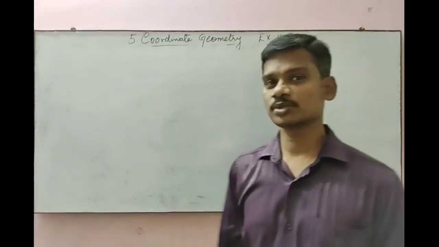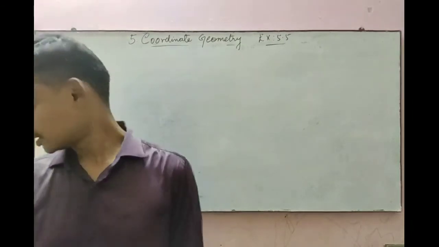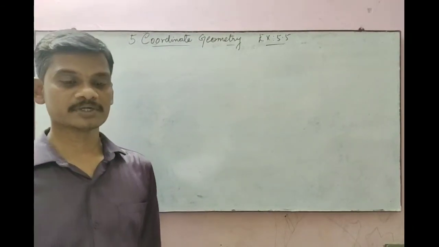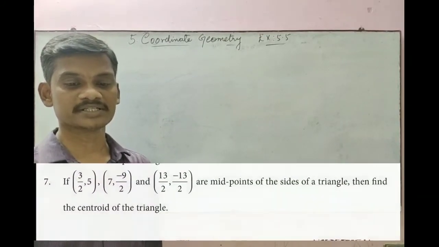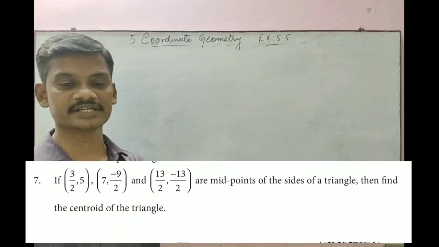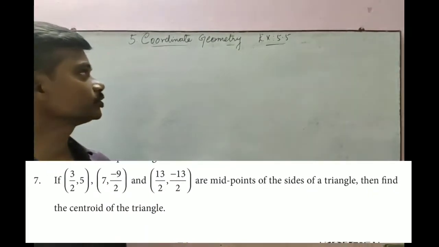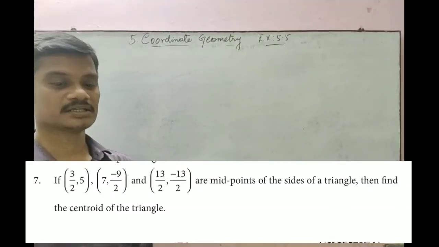Okay, the seventh sum is homework for you. In the seventh sum, the question is, if 3 by 2, 5, 7, minus 9 by 2 and 13 by 2, minus 13 by 2 are the midpoints of the sides of the triangle, then find the centroid of the triangle. So I gave you the second formula, the formula to find the centroid.